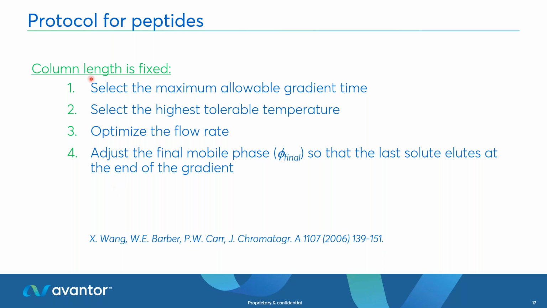And I do want to state, before we even go into that first green sentence, you do need to complete a column selectivity study. So please, before you take a look at this very easy 4-step protocol, make sure you go through a column selectivity screening, which is really important for any approach to reverse phase separation.